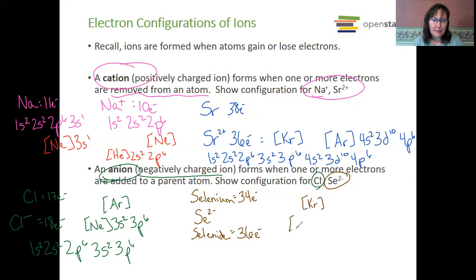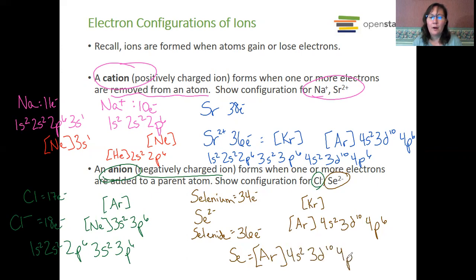And krypton looks just like argon plus 4s2, 3d10, 4p6. And the whole selenide together looks like everything before that, and I'm not going to add those in. Okay. So just to show the difference here, selenium would be argon, and then 4s2, 3d10, 4p4. Okay. So here you can see that difference when you're adding and subtracting electrons.